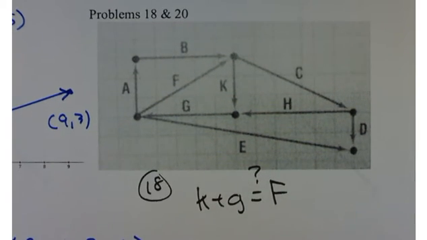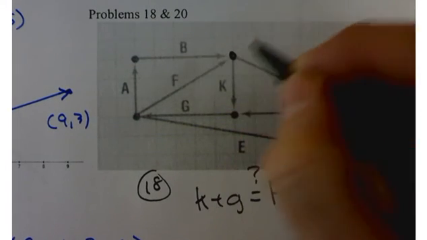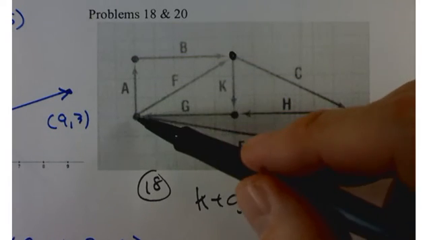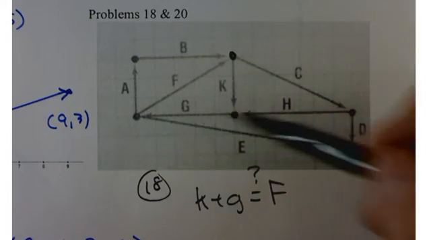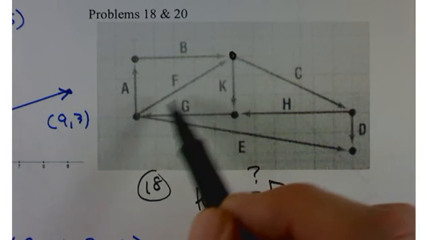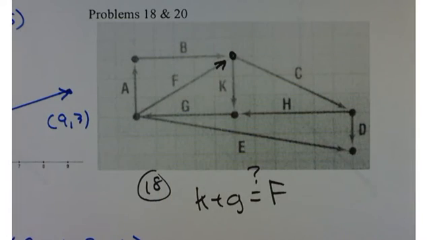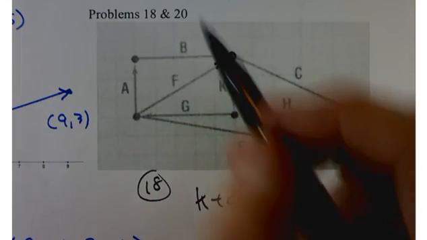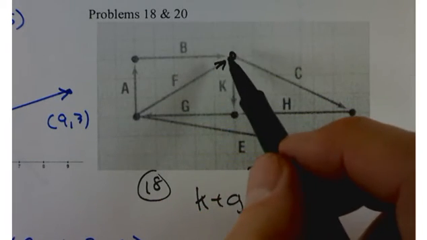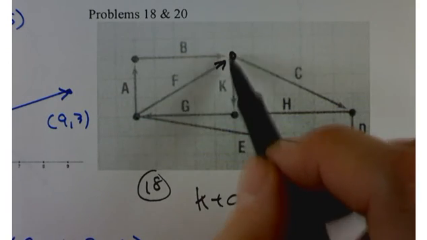True or false? Well, let's start out with vector k, which is right here. If I move k and then move g, is that the same as vector f? Almost. Vector f points the wrong direction. Vector f would have to have a tail here and a tip here so that you can start out here and end up the same place that you do when you add k plus g.